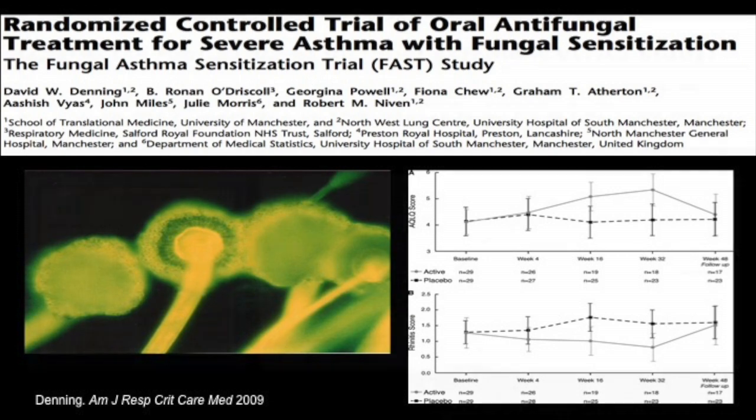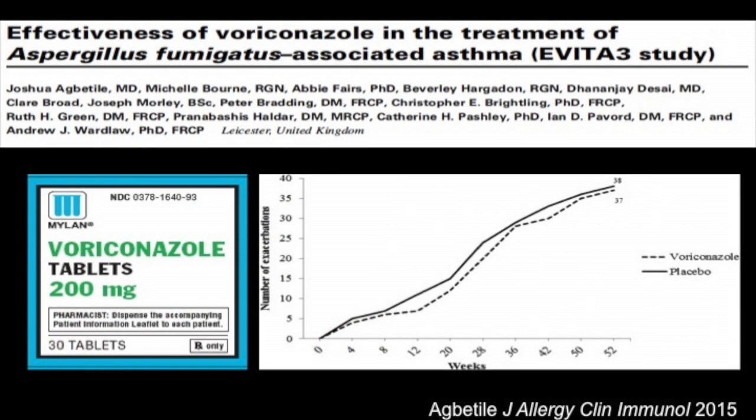Unfortunately, when they repeated the trial, the Leicester group repeated the trial using voriconazole, a shorter study looking at exacerbations, they found no appreciable effect whatsoever. We were keen on voriconazole because it has a better side effect profile. And one of the problems with interpreting all this is that, as we know, itraconazole inhibits steroid metabolism.